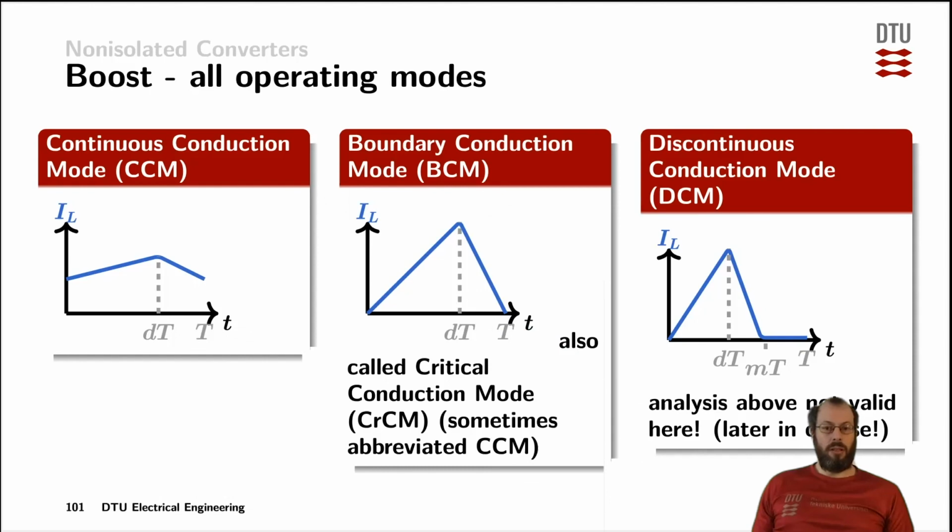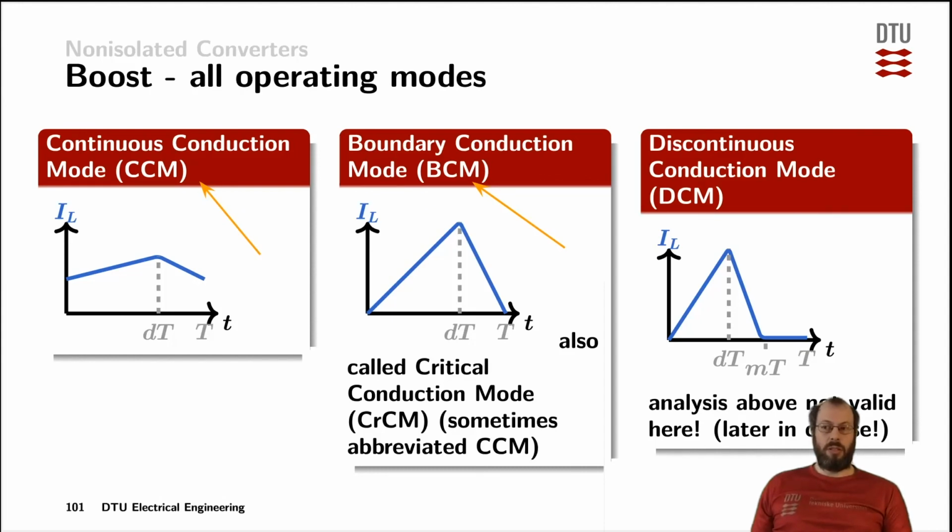Also equivalent to the operating modes of a buck converter, a boost converter can operate in this so-called continuous conduction mode, here abbreviated as the CCM, or in the boundary conduction mode, which I abbreviate here as BCM.